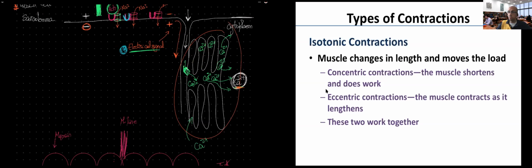Once the binding sites on the actin subunits are exposed, myosin will form cross bridges to bind to the actin subunit and will start to pull the actin towards the center of the sarcomere.